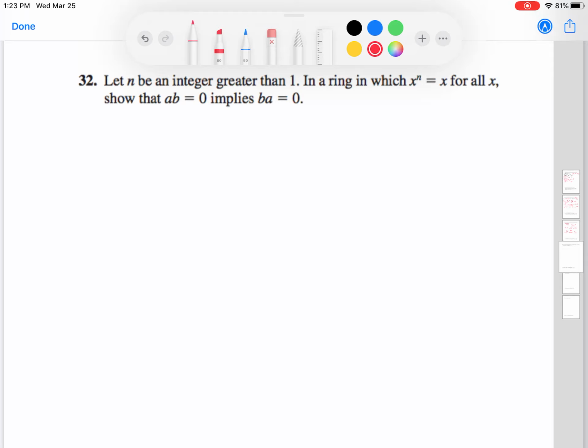All right, let's look at 32. Let n be an integer greater than 1 in a ring in which x to the n equals x for all x. Show that AB equals 0 implies that BA has to equal 0.